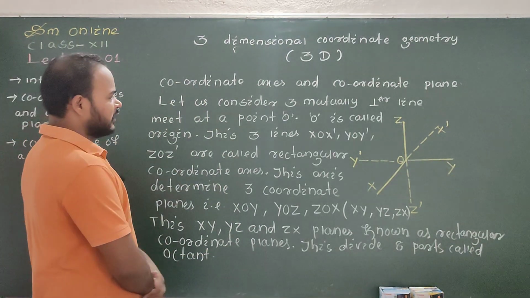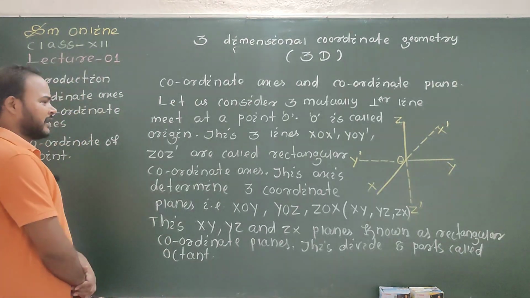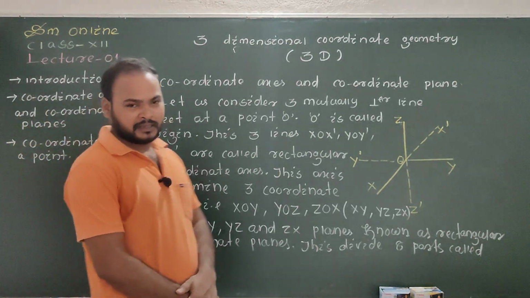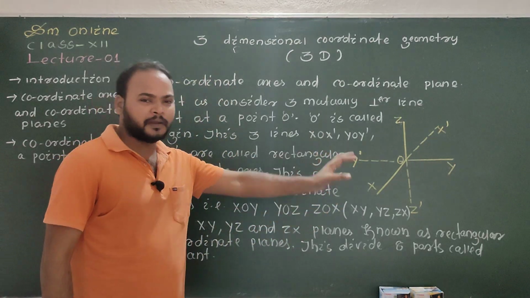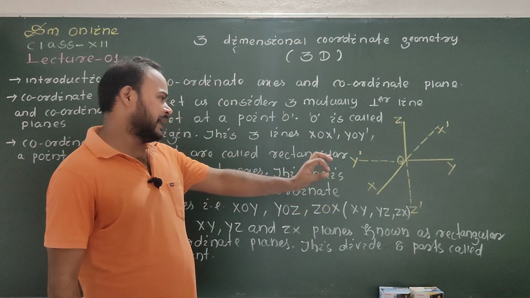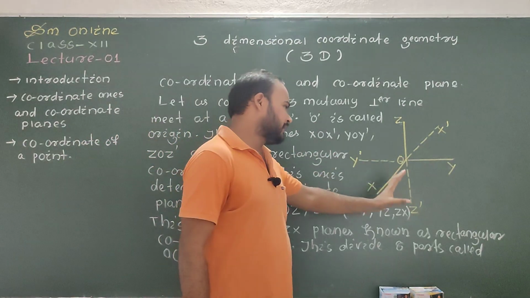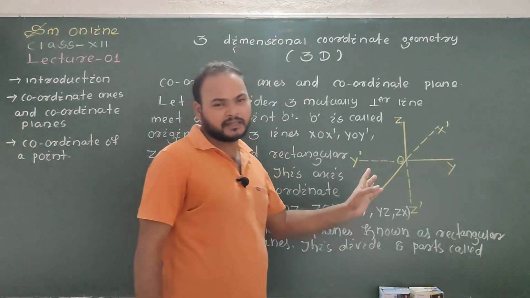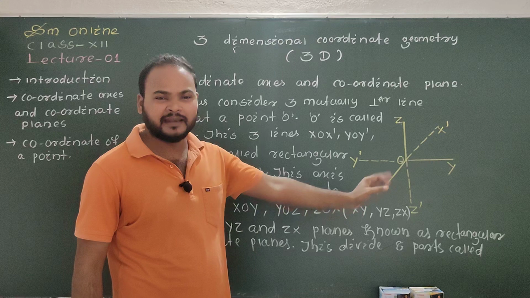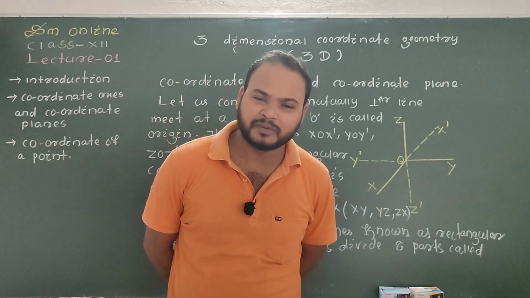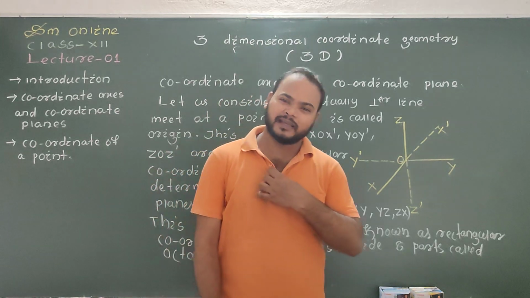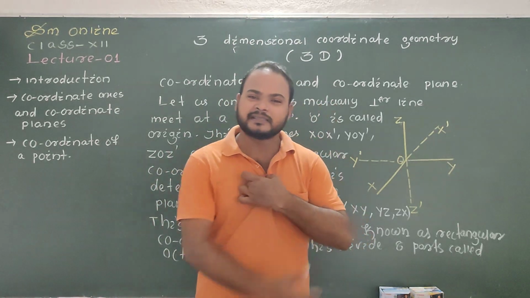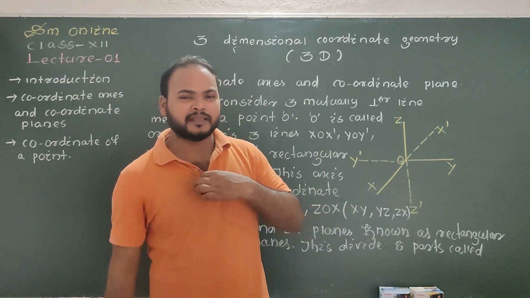So this is all about coordinate axis and coordinate planes. There are three lines, they are perpendicular, and these three perpendicular lines meet at a point O. That point is known as origin, and these three axes are known as what? Coordinate axis or rectangular coordinate axis. Now these three axes determine three planes.